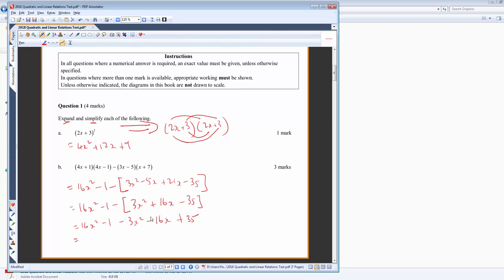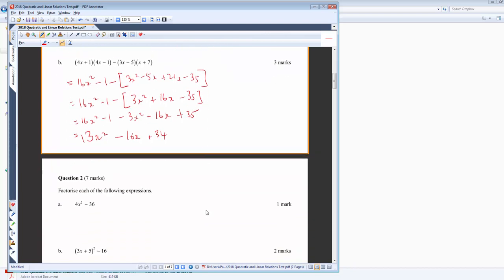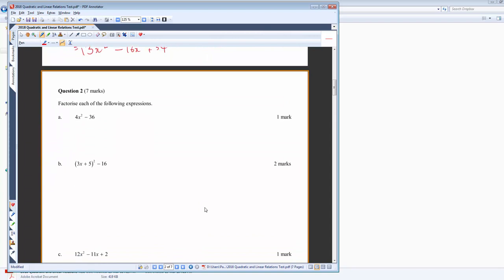Alright, so what happens here is we've got 16x squared take away 3x squared is 13x squared. Now we're going to take 16x and plus 34 when we collect up those like terms. So difficult problem, that one there, but nothing new from really what we've done in the past in year 10, even year 9.